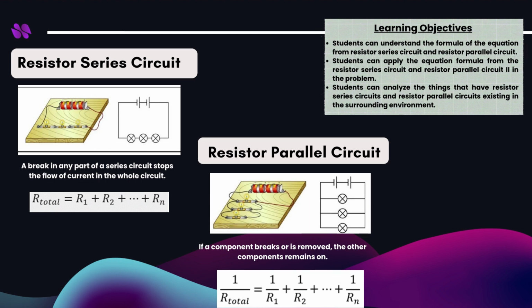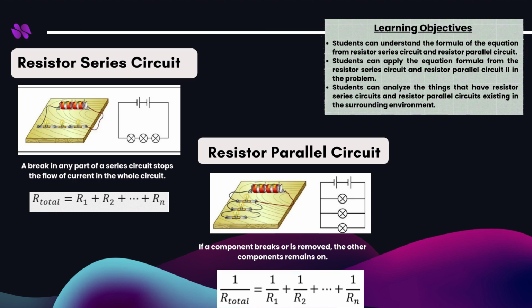And third, students can analyze things that have resistor series circuit and resistor parallel circuit existing in the surrounding environment. In a resistor series circuit, a break in any part of the series circuit stops the flow of current in the whole circuit.